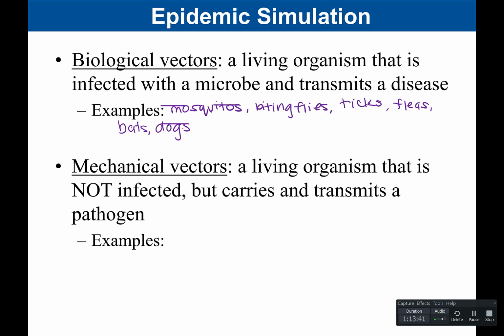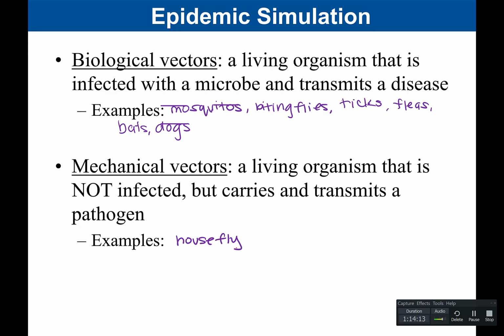So an example of this would be like a housefly. Let's say a housefly lands on feces and picks up bacteria from feces, and then that fly lands on your food and transmits that bacteria from the feces onto your food. That's a mechanical vector. The fly itself was never infected, but its feet had touched bacteria and then landed on your food.